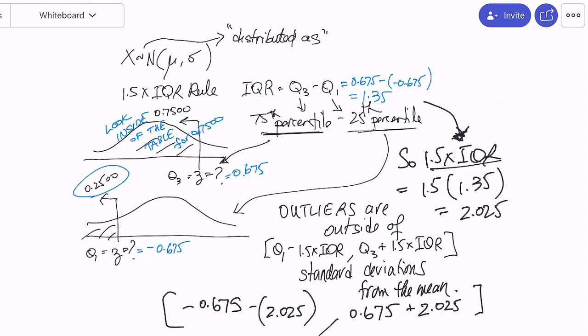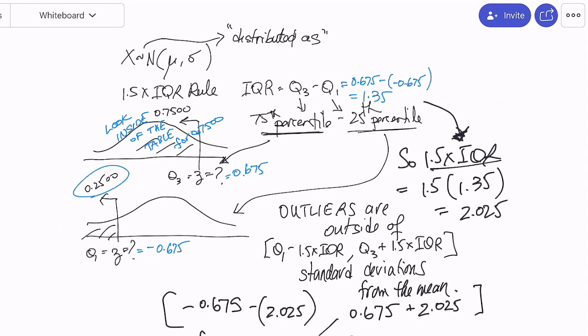So now I'm going to subtract 0.675 minus 2.025, and I get negative 2.7, and it should be symmetric, right? Because I have a symmetric distribution. 2.7.